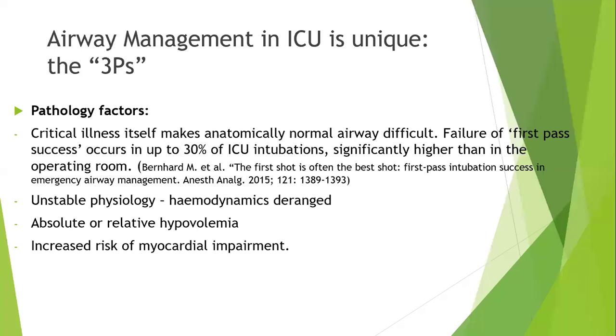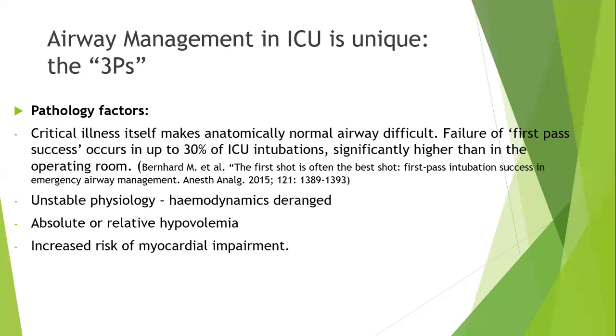Bernard and co-workers found that failure of first-pass success occurs in up to 30% of ICU intubations, which is significantly higher than in the operating room. So failure to successfully pass the endotracheal tube at first attempt occurs in about 30% of all intubations in the ICU.